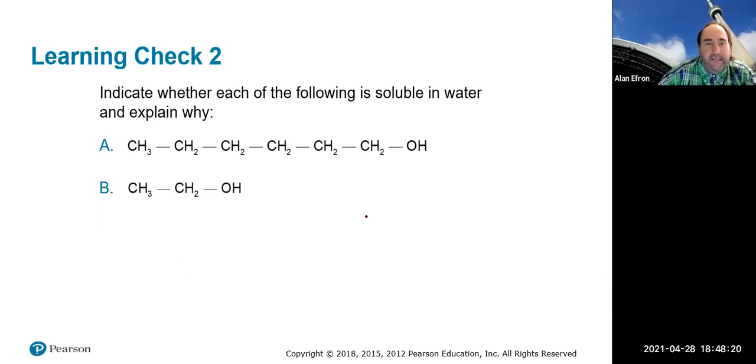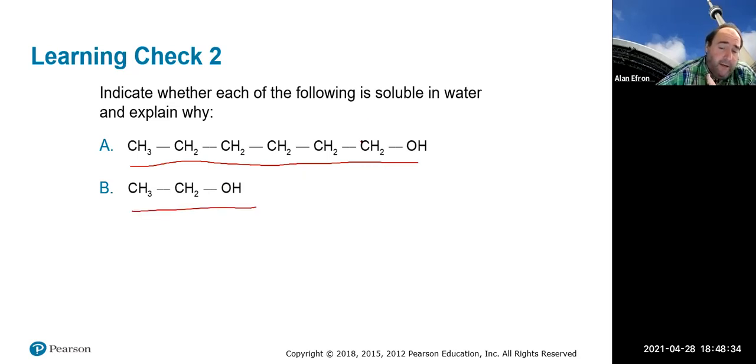So let's take a look at each of these and decide whether each of them would be soluble in water or not so soluble in water. If we look at this group, they're both alcohols. They're both actually primary alcohols, each of these guys connected to one. Again, we would anticipate this guy here being soluble. It's small, it has that OH group.